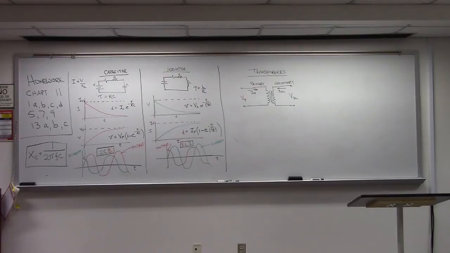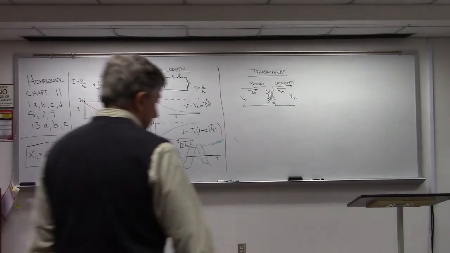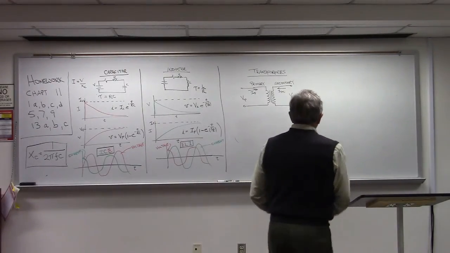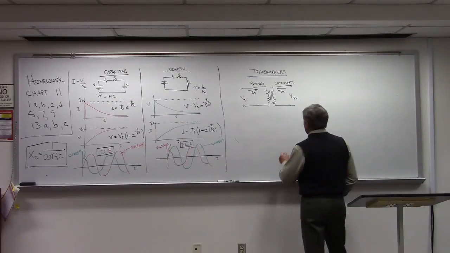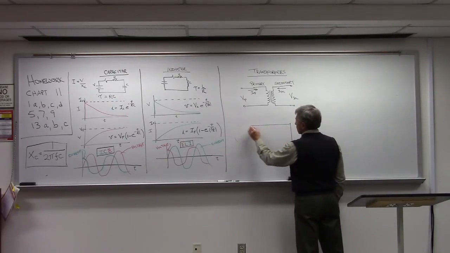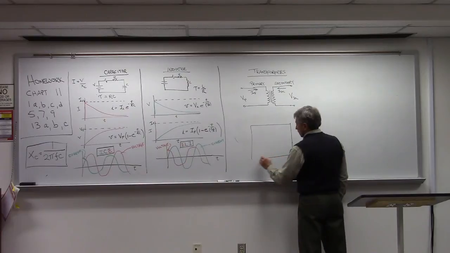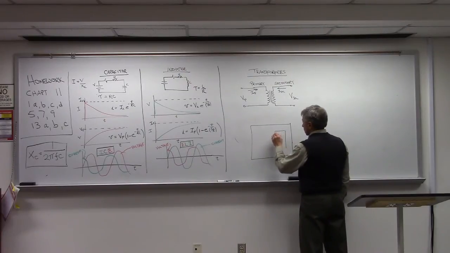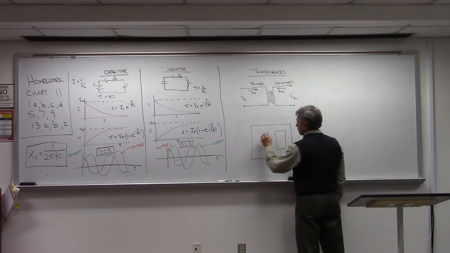Now, what you guys have is a conventional transformer. If you open those transformers up and take them apart, you're going to see what is known as a three-legged core.